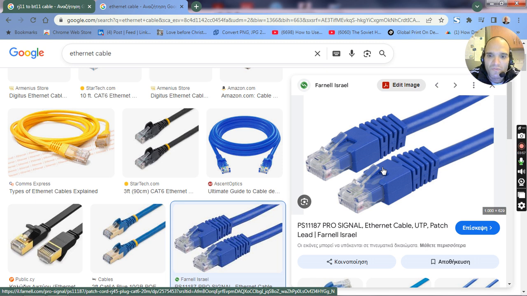So if we connect the particular cable between a computer and the router, the computer is able to connect at first to the router, at second to the Ethernet, and at third to any available device on the local network, either wirelessly connected or wired connected.